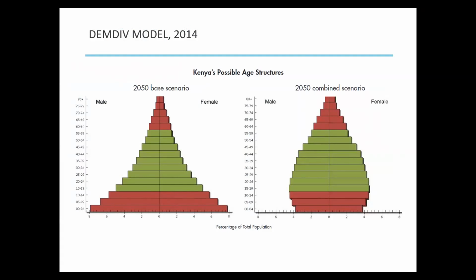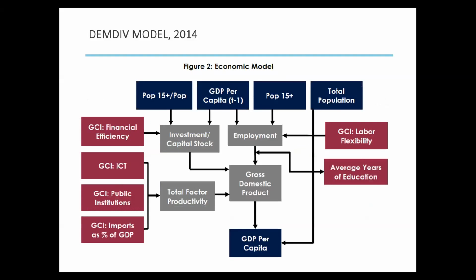And in the demographic dividend model, you can compare different scenarios and see their impact on both the population age structure and the economy. But we are looking at scenarios out to 2050. So this is not immediate impact. The Guttmacher study was looking at annual short-term impacts and health savings. This is looking at long-term economic gains. So let's turn to the next slide.